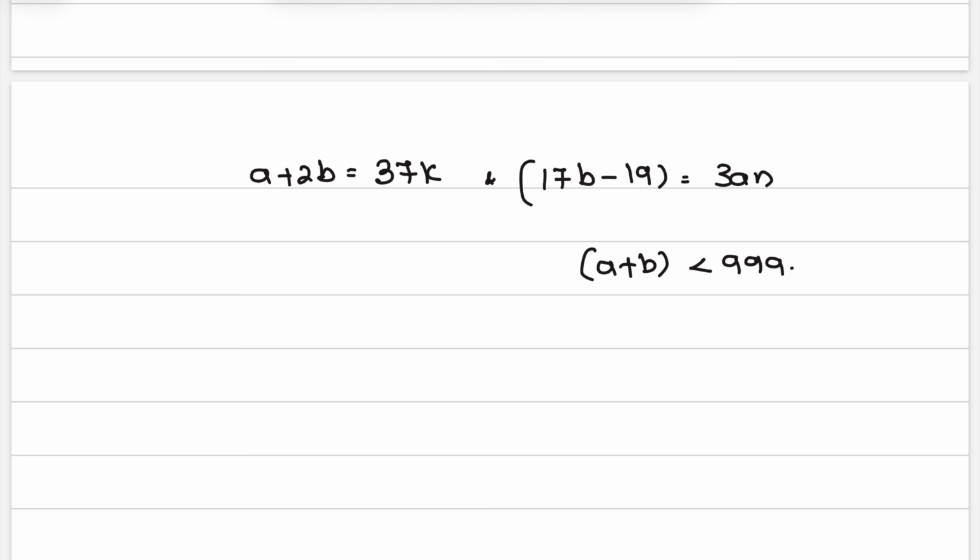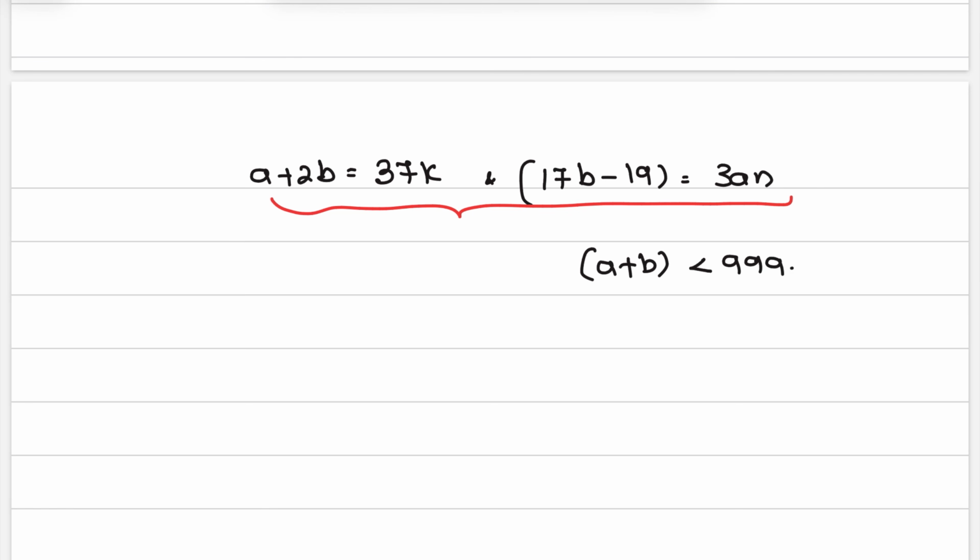We have to find the maximum value. By solving these two equations, I am not going into the step-by-step solution. These are all very simple, otherwise this lecture will be very long.